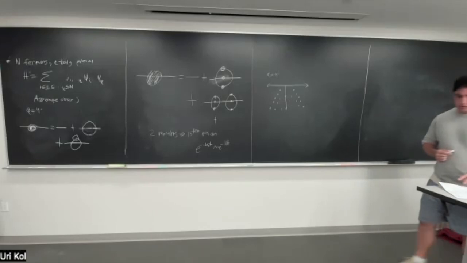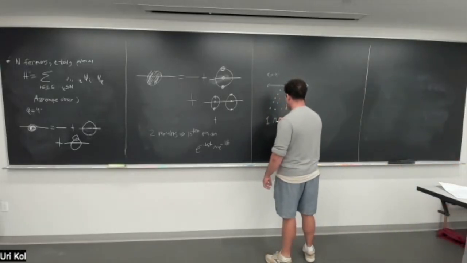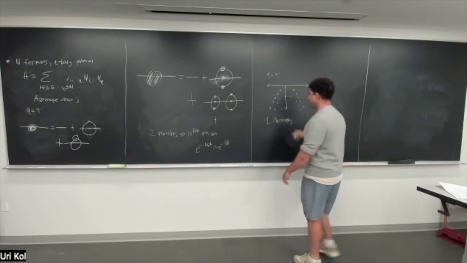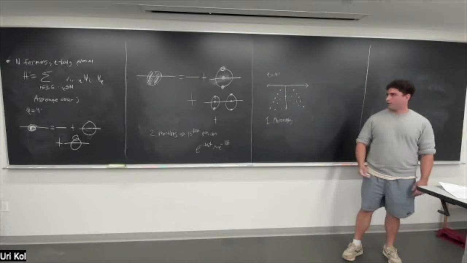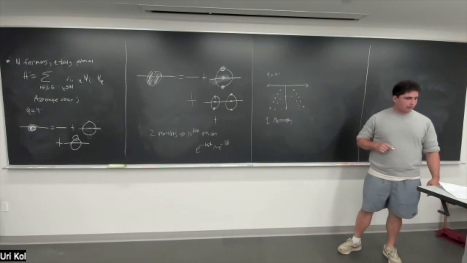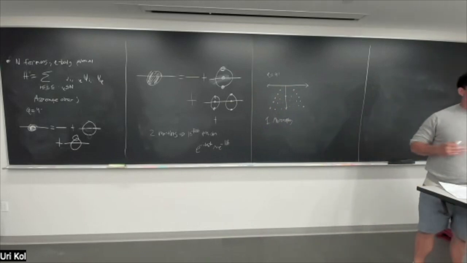Okay, so let me just put down some similar properties here. The first one is that it's meromorphic. What I mean by that is that it has a discrete spectrum of quasi-normal modes. There's no cuts. And in particular, as I take S to infinity, I don't see any accumulation points.